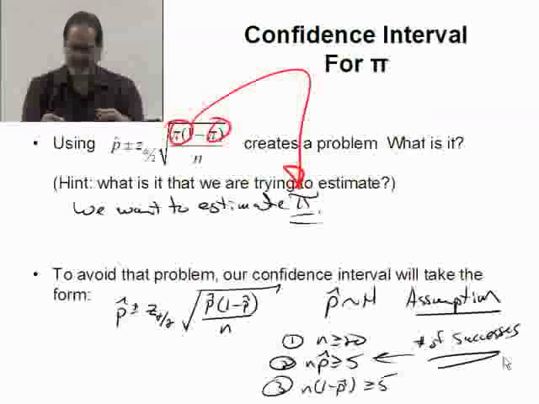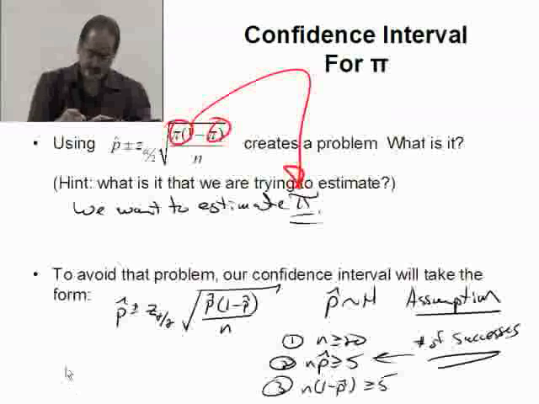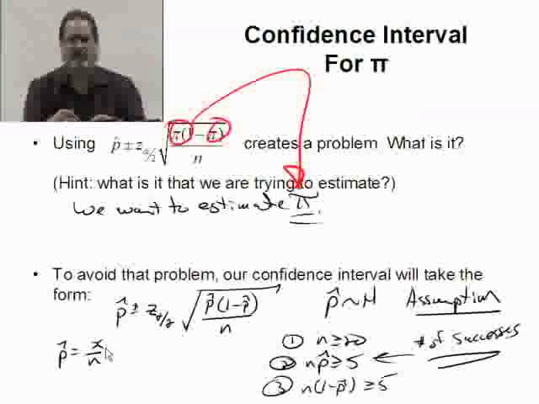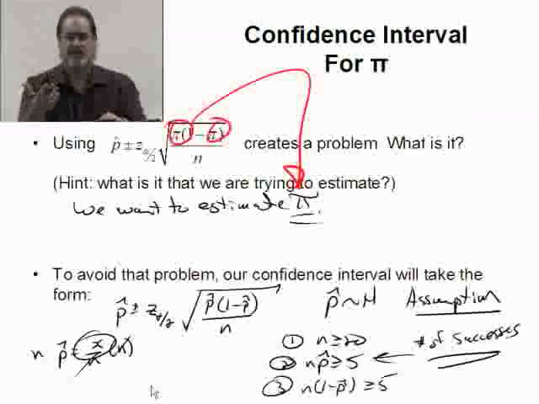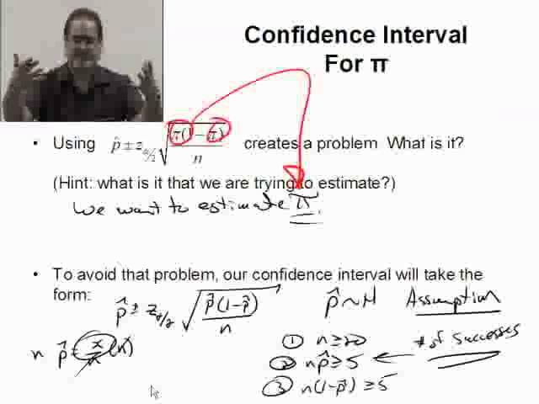So if I multiply n times p hat, the n cancels out, and n times p hat is just x. That'd be the number of females, number of males, whatever it is that you're actually looking for.